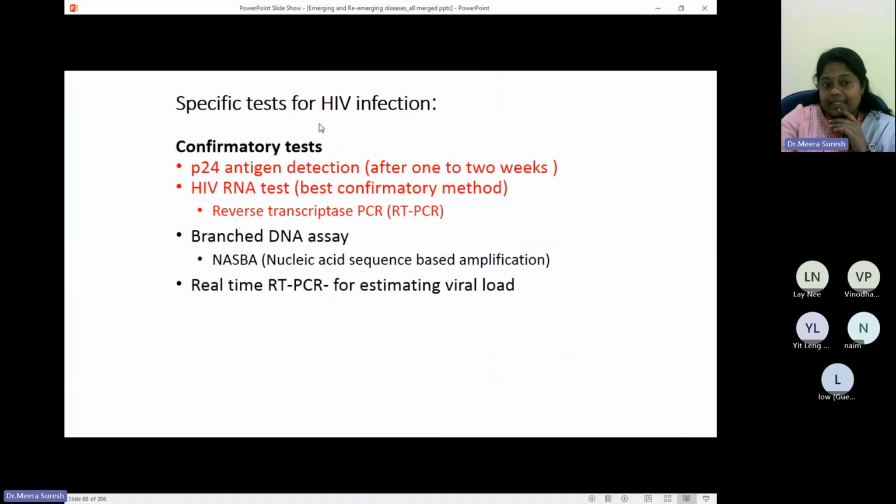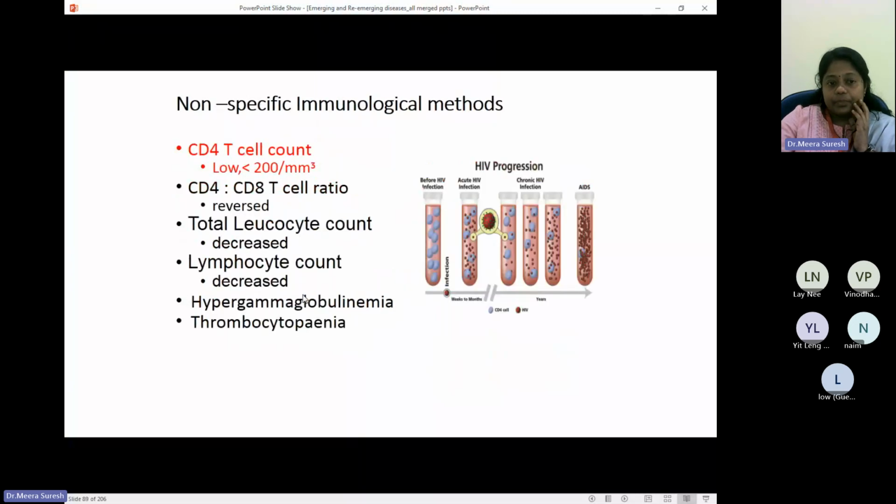Then the P24 antigen, what we do initially, and the RT-PCR, the reverse transcriptase PCR test, or the HIV RNA test. We have other varieties also: nucleic acid sequence based amplification, real-time RT-PCR, etc.